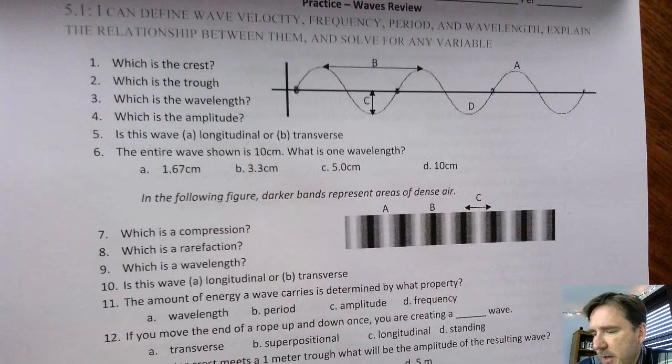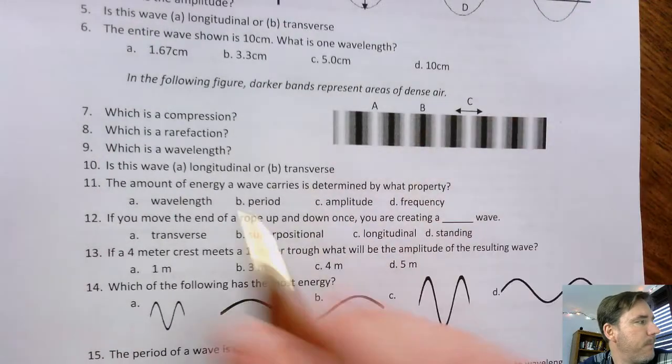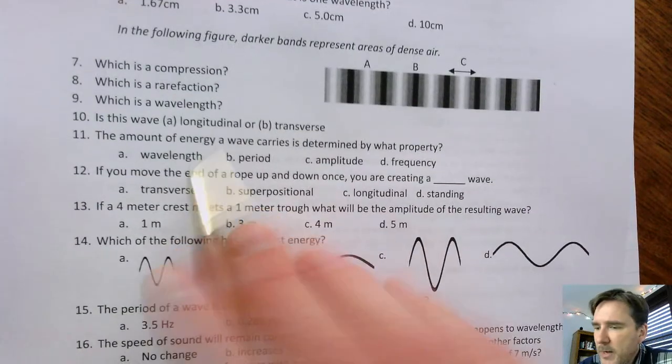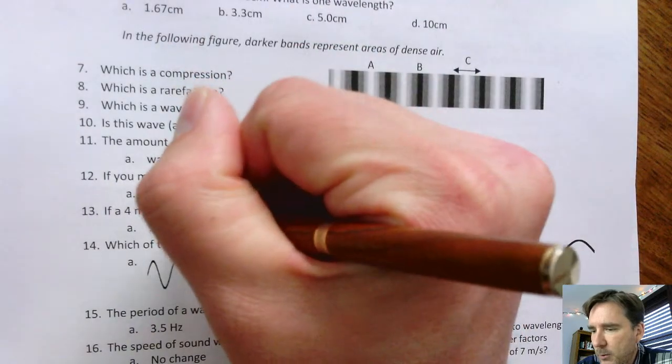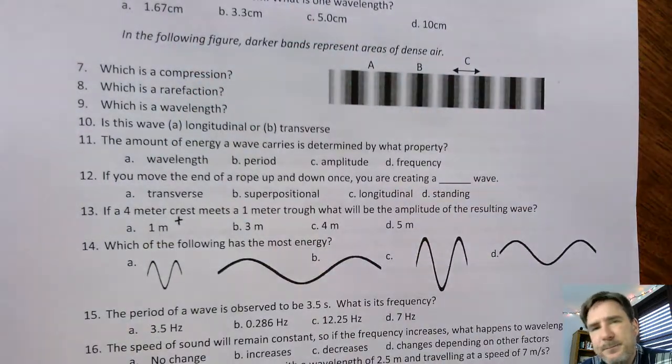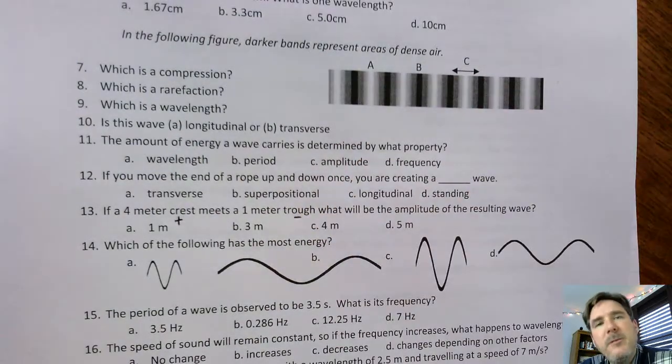Not too much else. For 13, the crest, let's scooch this up so you can see it. The crest is going to be the up part, the positive part. A trough is the part that goes down.